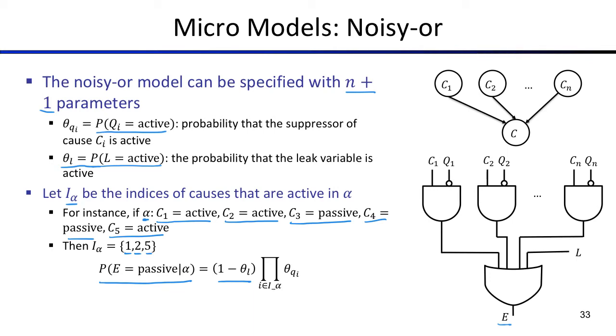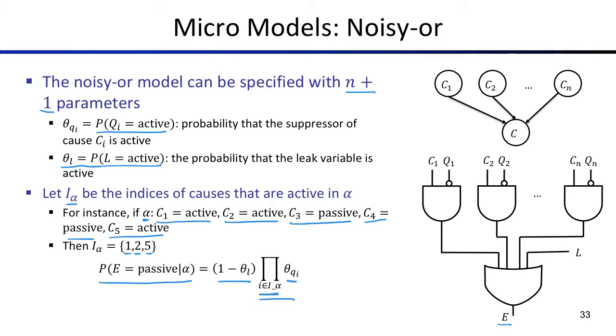And we need to multiply, and here we are assuming that all the suppressor variables are independent, we're going to multiply the probability of each suppressor variable to be active. And this is going to occur for all the causes that are active.